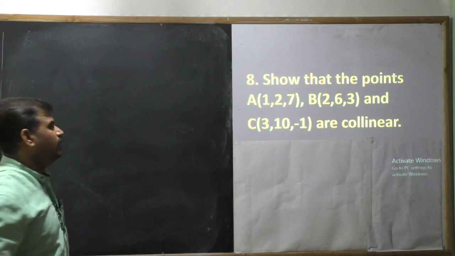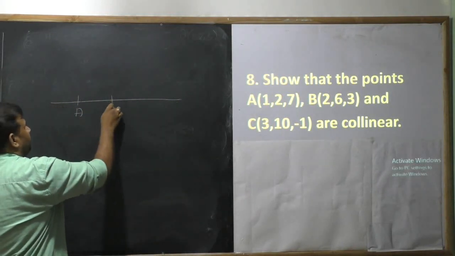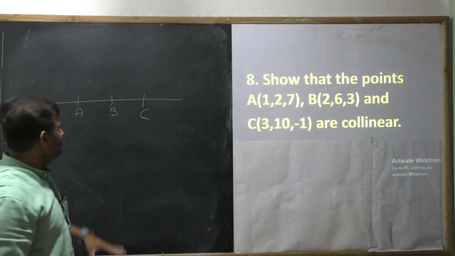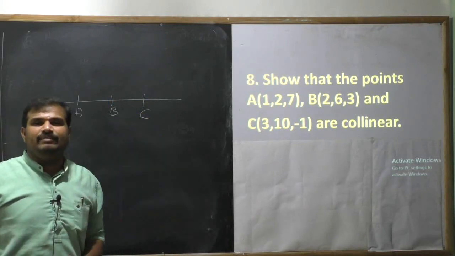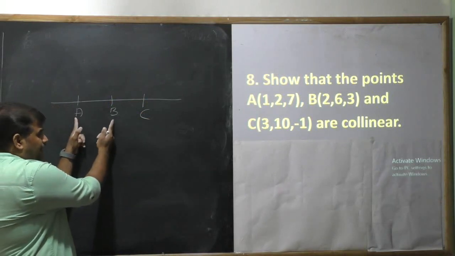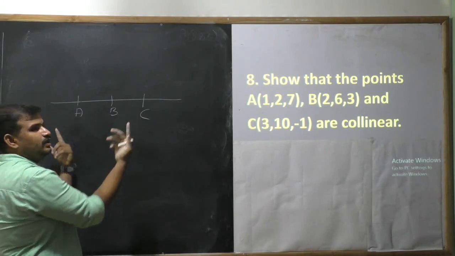Suppose we say 3 points are collinear, they are on the same line. This is A, B, C. Let me take these 3 points are collinear. If the points are collinear, they lie on the same line. Here there is a simple technique. So clearly the distance AB plus BC is always equal to AC.